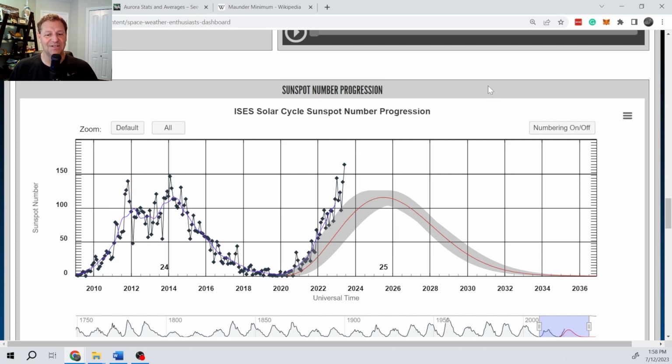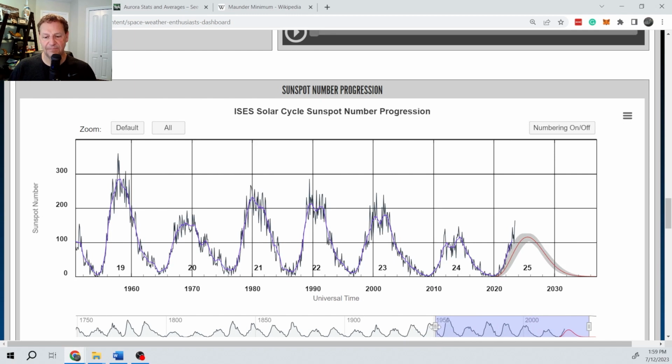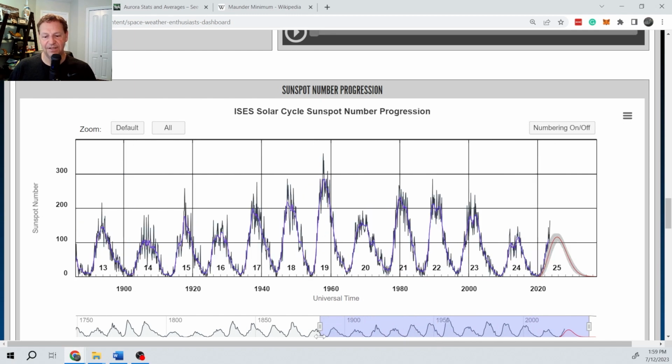So now there's reports that we've never had as many sunspots in the last 20 years. That's okay, but that's because the last solar cycle was abnormally low, and now we're a little closer to average. I don't think it's worth generating articles about it, but there seems to be a whole bunch of articles about that. If we look back further across multiple cycles, you'd see that cycle 24, the last one, was considerably below average.